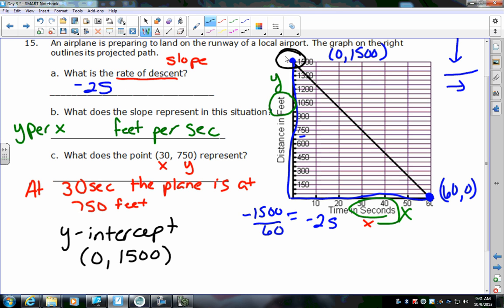Well, whenever you have the y-intercept, it's going to be some kind of initial charge, starting point, deposit, something that you pay for one time or that you start at. In this case, this is the height at the beginning of the plane's descent. I would have this down for our notes: the height of the beginning of the plane's descent.